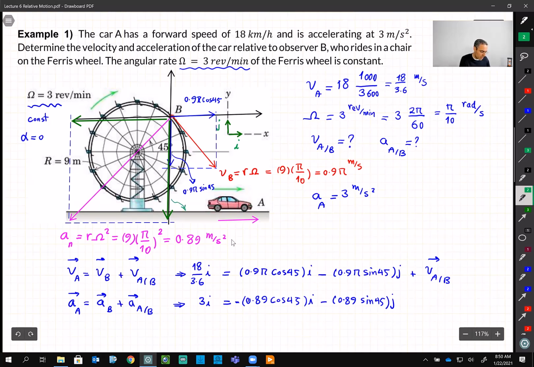This one is 89 cosine 45, or the way that I wrote it, sine 45. And this guy is 89 cosine 45. And they are negative, right? Plus AA with respect to B.